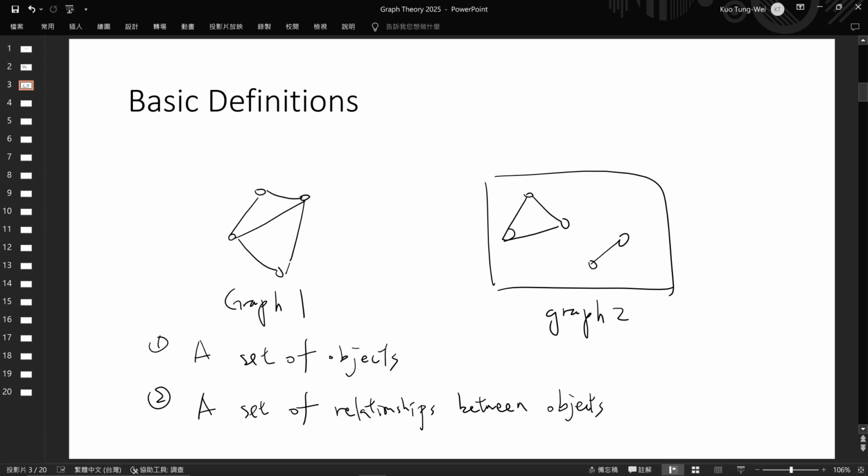Okay. So in graph theory terminology, we call these objects vertices, okay, or nodes, okay? So these two terms can be used interchangeably, okay? And for these relationships, we're going to call them edges or links.